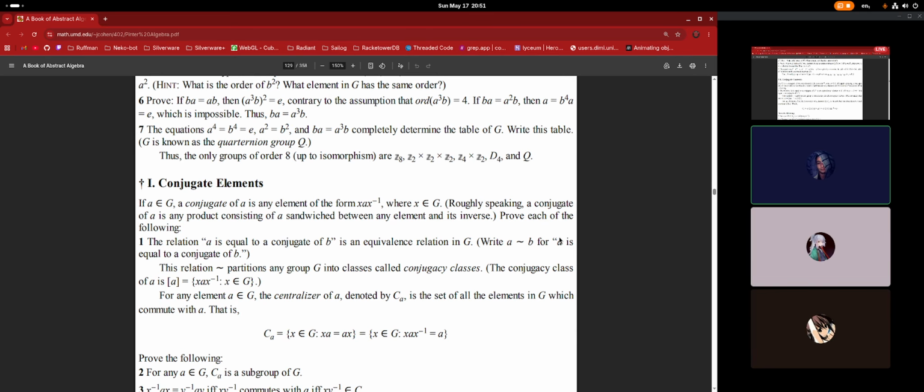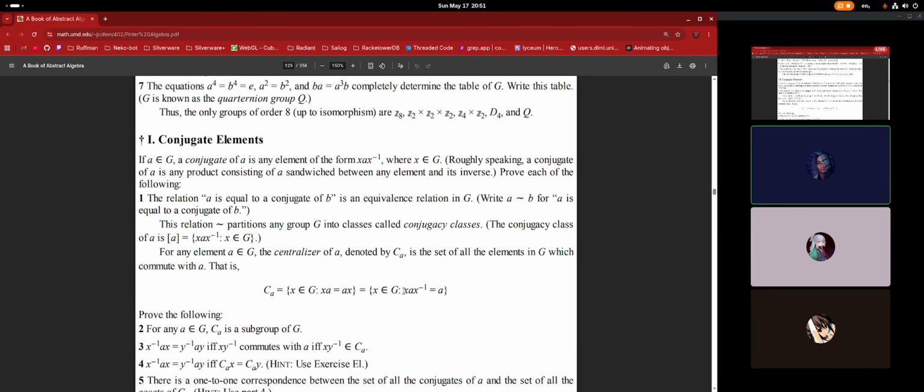Okay, so exercises. We've seen this before, the sandwich. But now there's more nomenclature to remember. So if A is in G, a conjugate of A is any element of the form this, where x is in G. That's such a weird notion of a conjugate. I have it in my head so hard that a conjugate is like a mirror. I don't have that intuition.